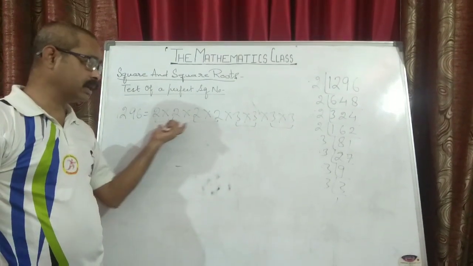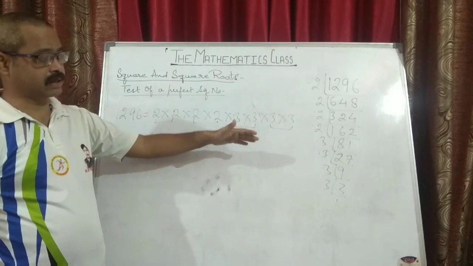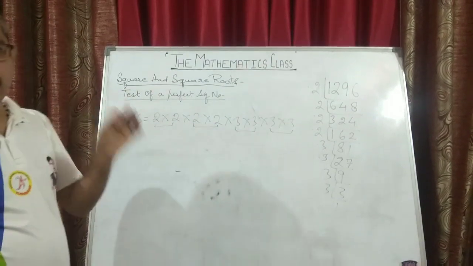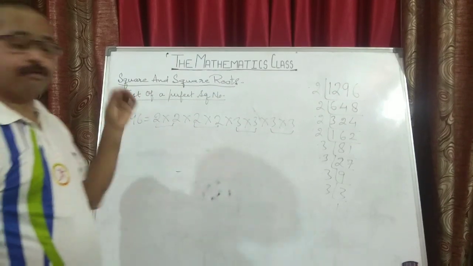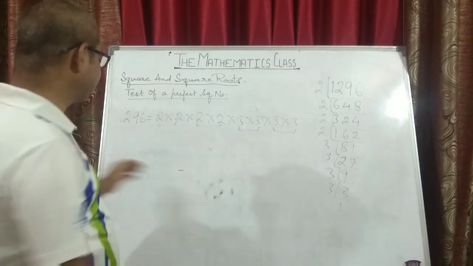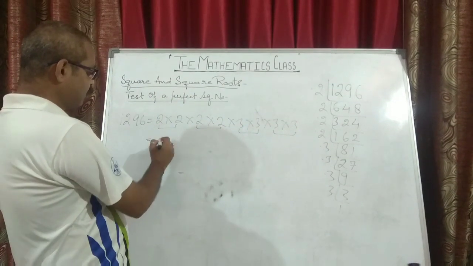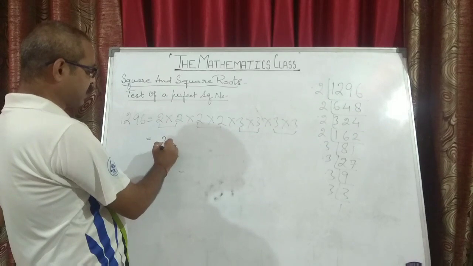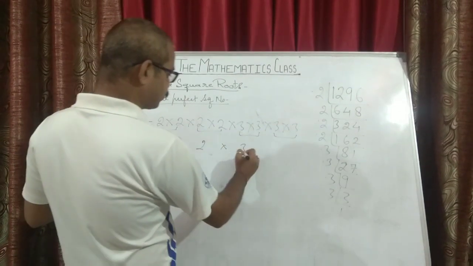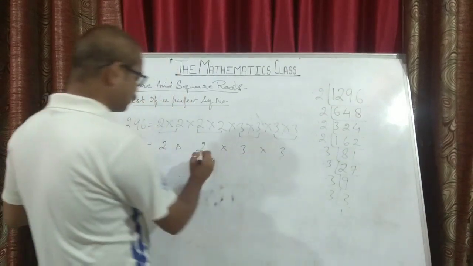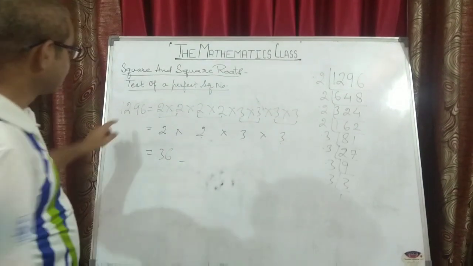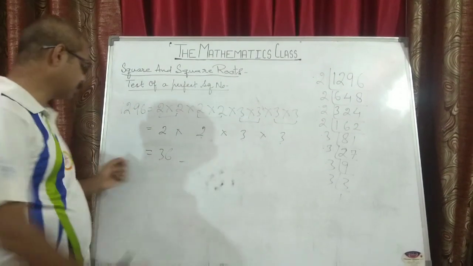You can see that all the digits that appear in the prime factorization of this number are in pairs. If all the factors are in pairs, it means yes, this is a perfect square, and its value will be, for one pair we write one number, 2 into 2 into 3 into 3. So 4 into 9 is 36. It means this 1296 is the square of 36.